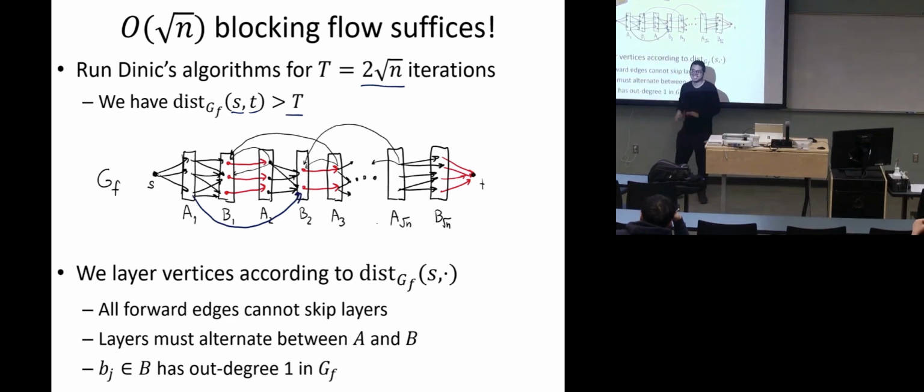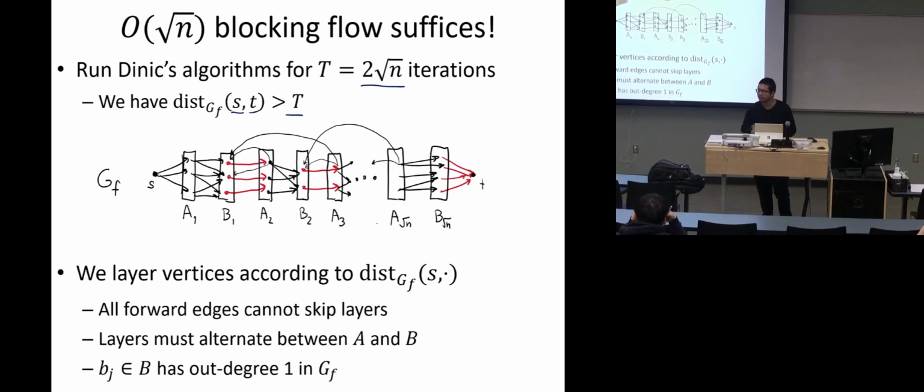So all the forward edges cannot skip a layer. Okay. And now you also know that the layers must alternate between a set from A and B, because edges only connect between A and B.